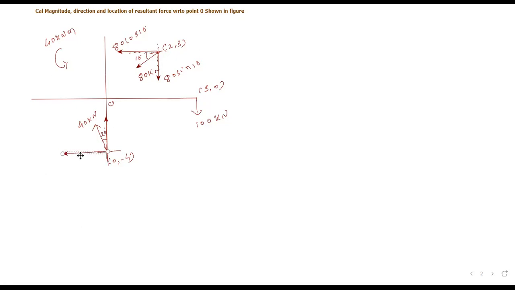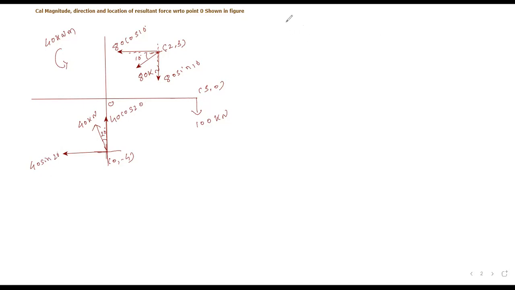So again, your vertical component becomes 40 cos 20, and horizontal 40 sin 20. Is it clear? Please confirm me, students. Is it clear this much? Please confirm me.